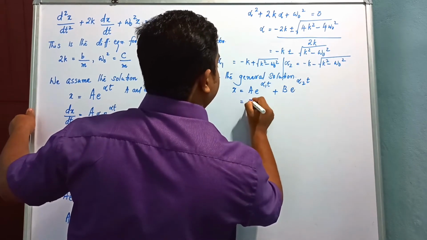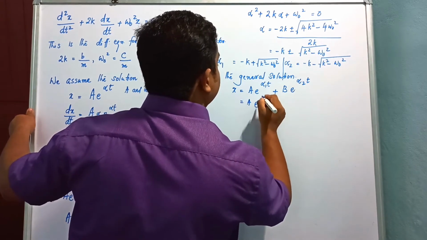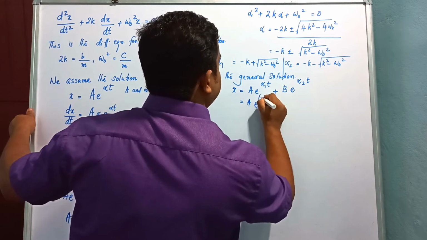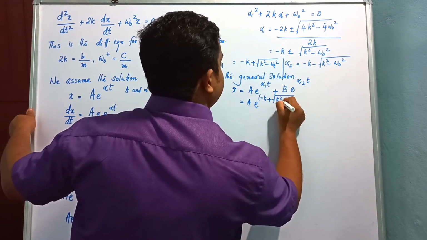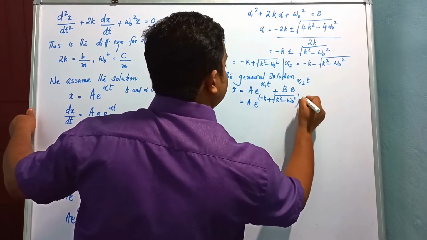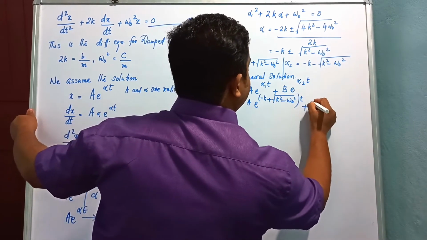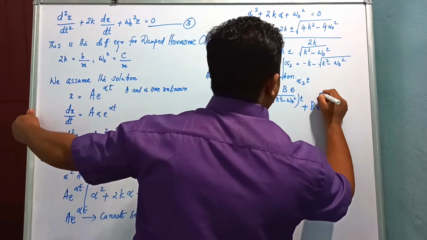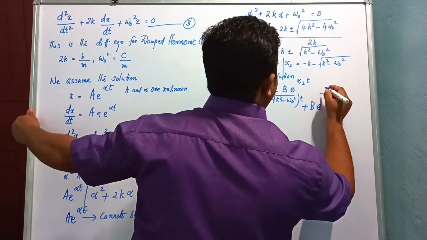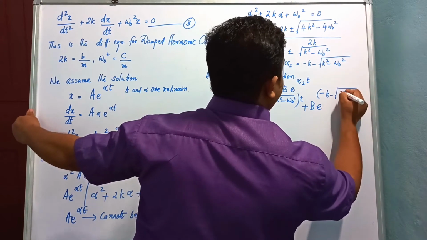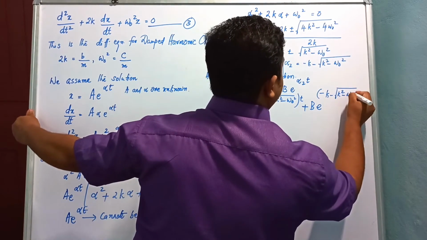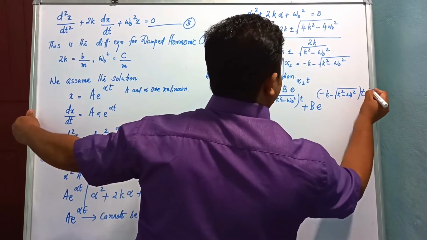Substituting the values of alpha 1 and alpha 2, a e raised to minus k plus square root of k square minus omega 0 square into t plus b into e raised to minus k minus square root of k square minus omega 0 square into t.